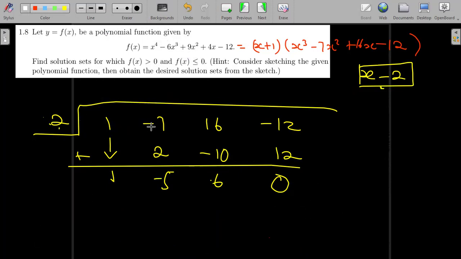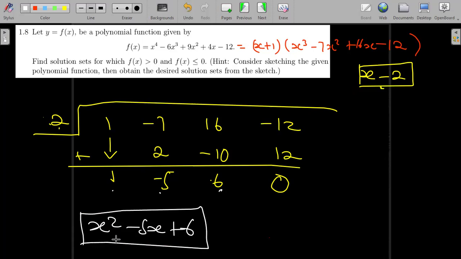So we have reduced now from power 3. Okay, this one will be power 2, power 1, constant. So it will be x squared minus 5x plus 6. Okay, so this is the polynomial that we are left with. But the quadratic equation, we can just simply factorize it using what? Factors. Okay, so we're going to say product, factor, sum.